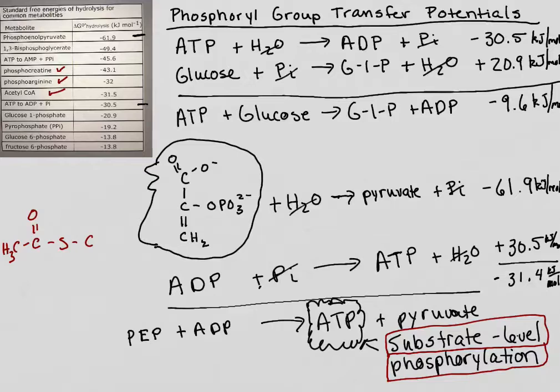This is attached to coenzyme A. So the high energy thioester is very high in energy, so there's enough energy there to power a phosphoryl group transfer, and we know that the phosphoryl group, the Pi, must come from somewhere else in a reaction where acetyl-CoA or succinyl-CoA is the substrate, allowing for substrate-level phosphorylation. Okay, great. So this helps us understand the phosphoryl group transfer potentials just a little bit better, and it will allow us to jump into metabolism with a lot more confidence.